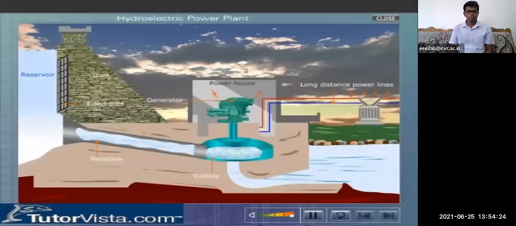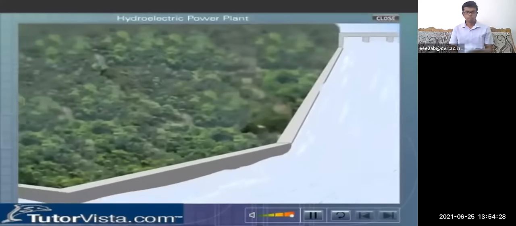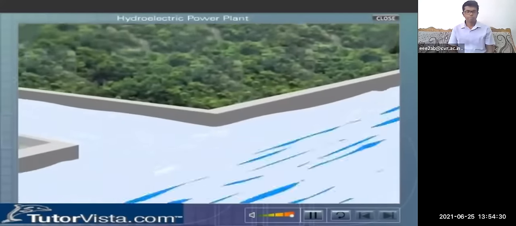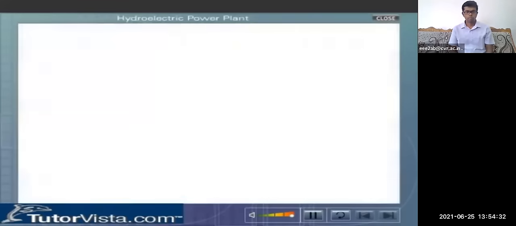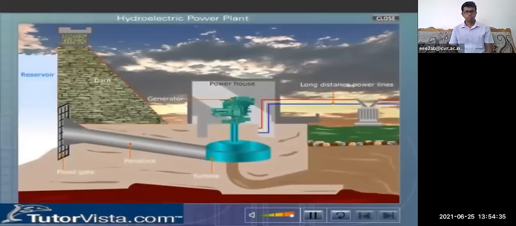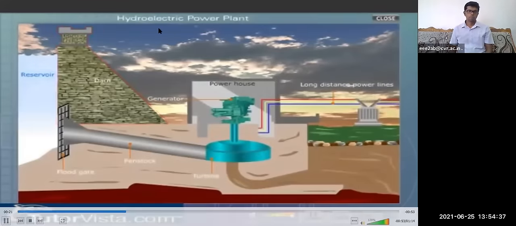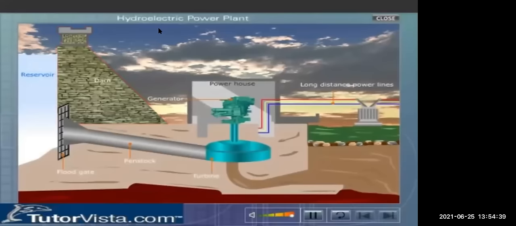In a hydroelectric power plant, electricity is produced from water. The dam is built across a large river to hold back the river water and raise its level to form a reservoir. At the bottom of the dam, there is a floodgate.